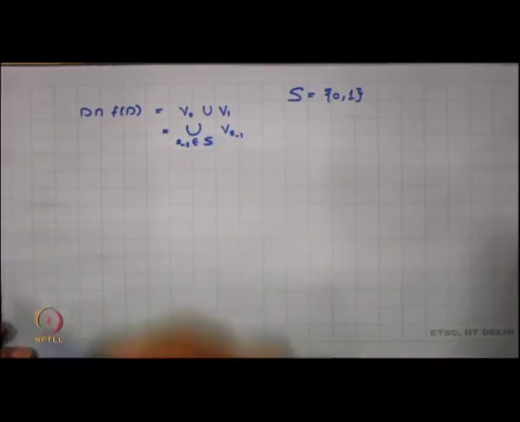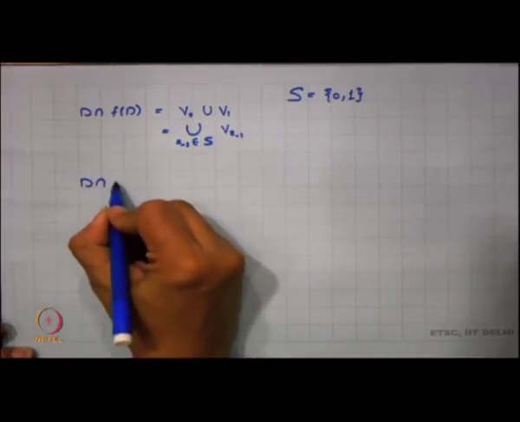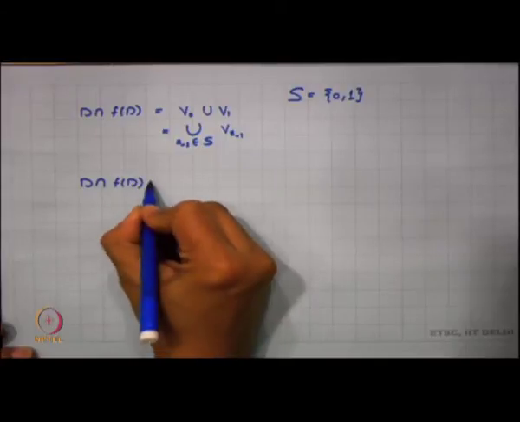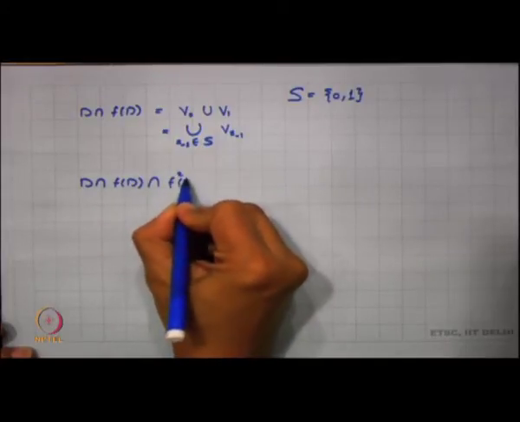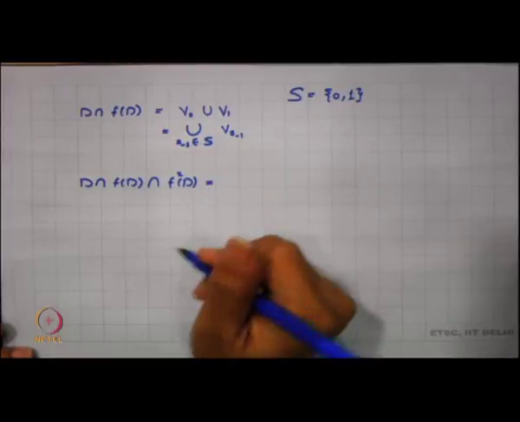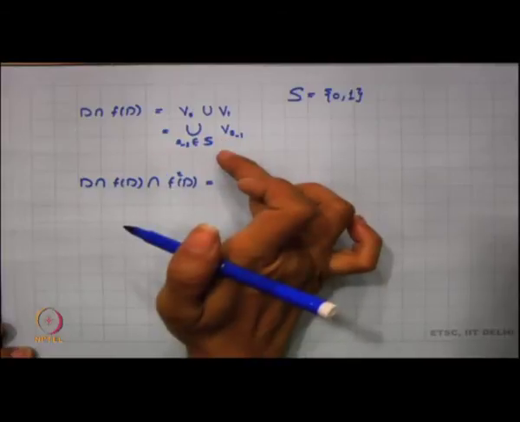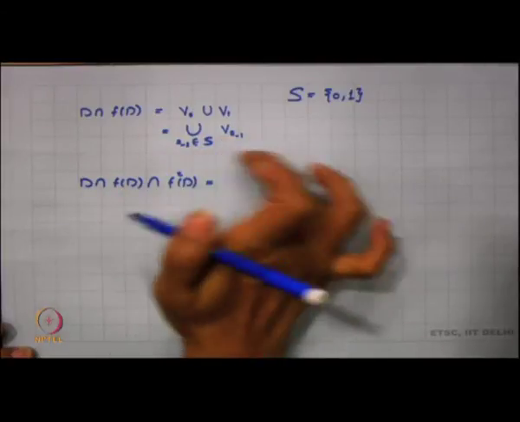Now, we can look into D intersection f of D intersection f square D. If we try looking into this aspect, I am looking into D intersection f of this part.